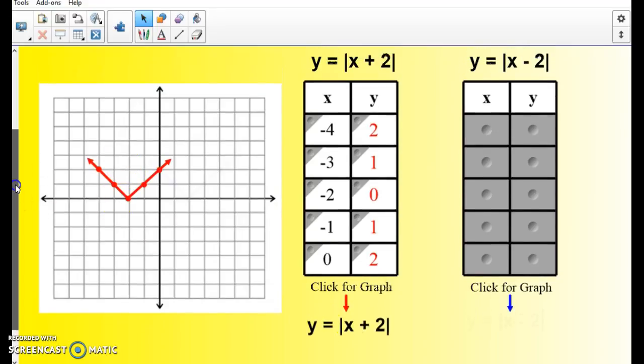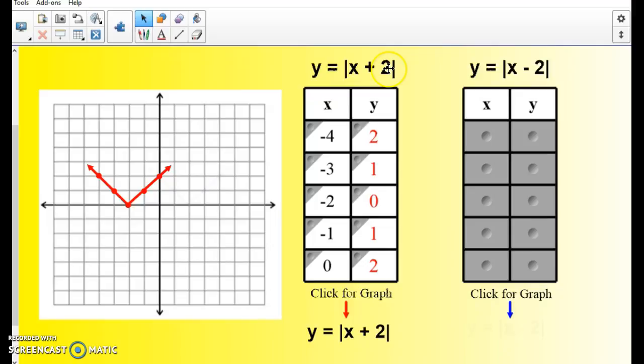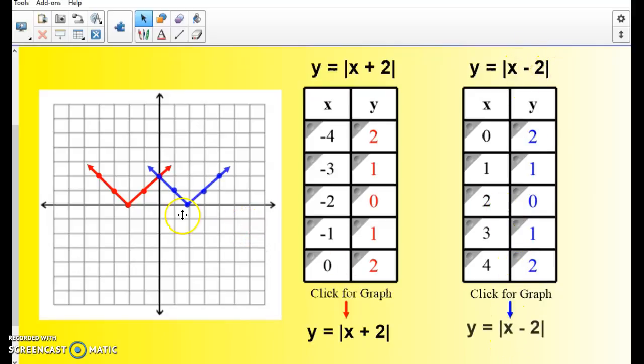Now you see that this says +2, and it's moved over 2 spots. Kind of the same thing here for this blue graph. Again, plugging in those numbers for x, you get these numbers for y. And now it says -2, so it's going to be moved over 2 spots again.